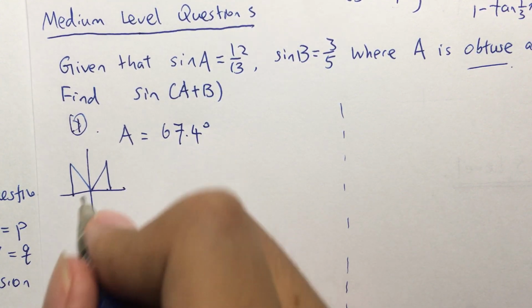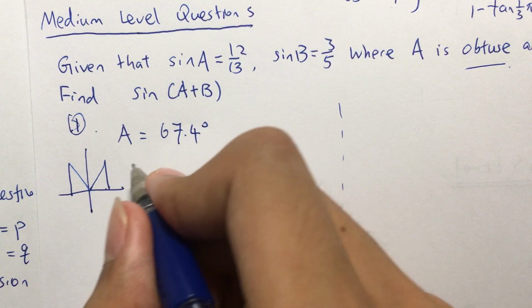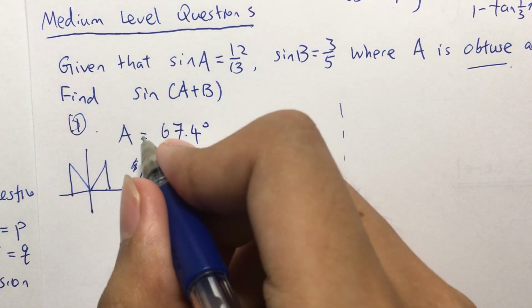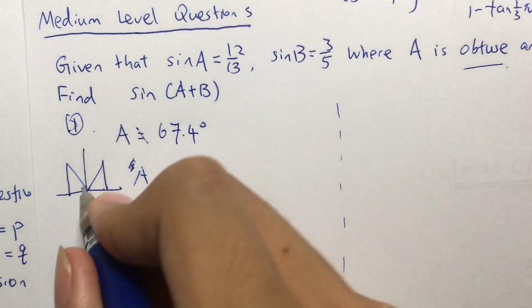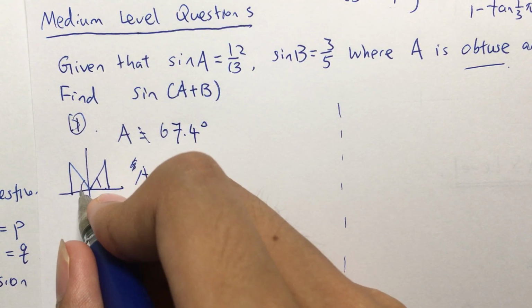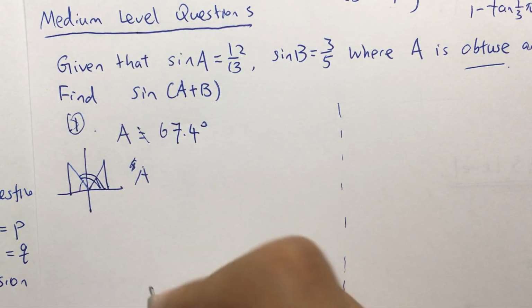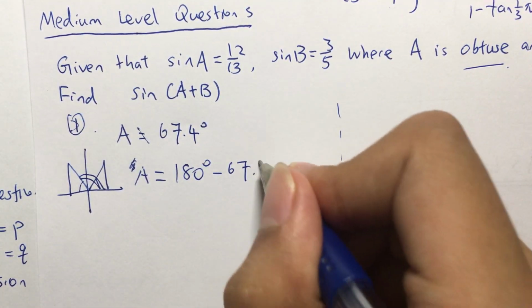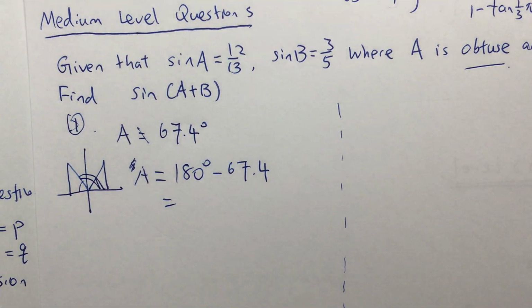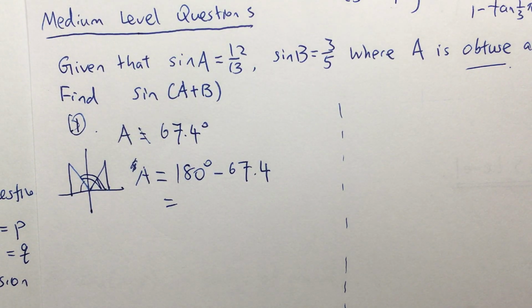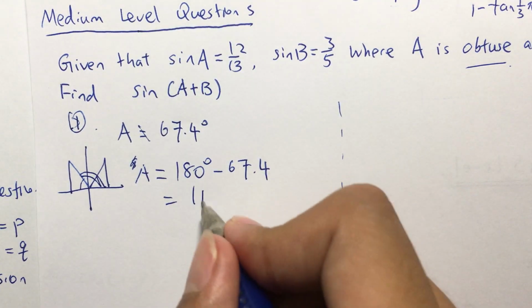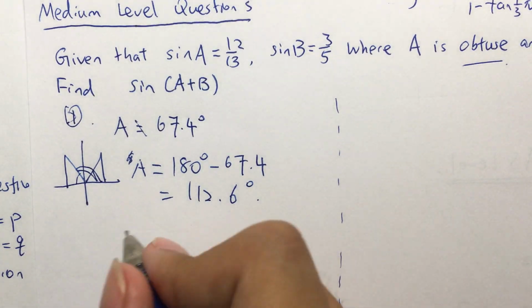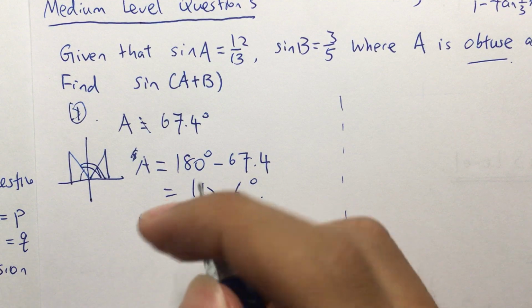Because we know these two are the same, this A can't be equal to 67.4. A has to be equal to this angle, and this angle will equal 180 minus 67.4, which is equal to 112.6 degrees.